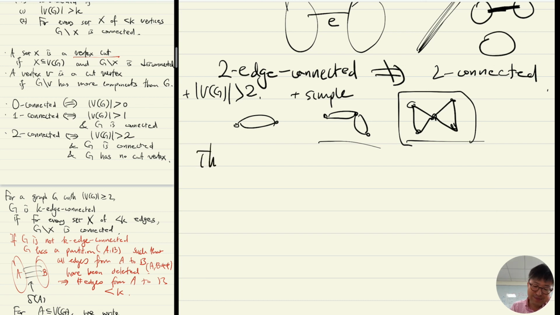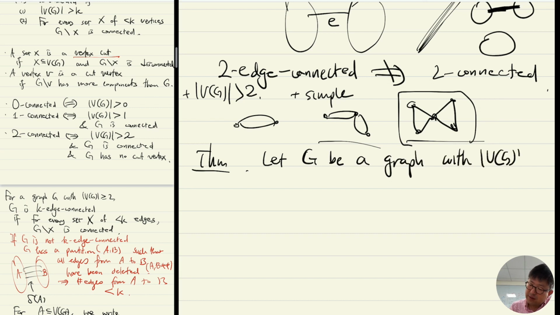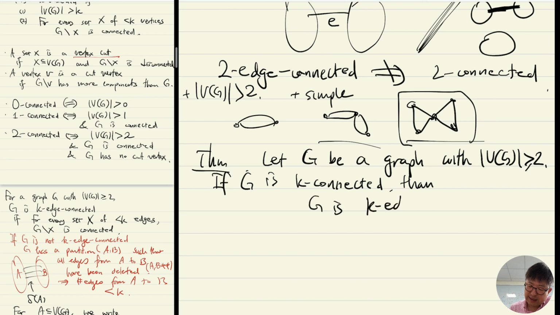So here's a theorem. Let G be a graph with at least two vertices. If G is k connected, then G is k edge connected.